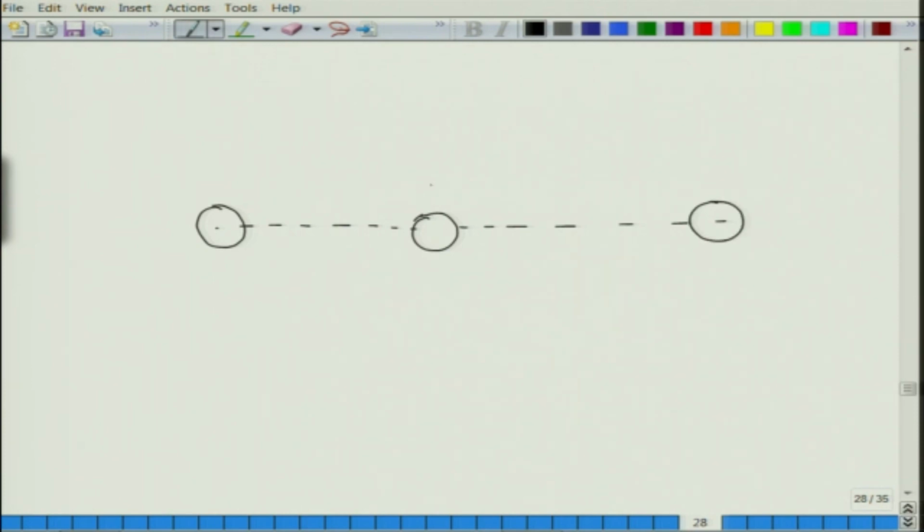If this is our sun, and this is our summer solstice, we have this axis which is tilted to the orbital plane.